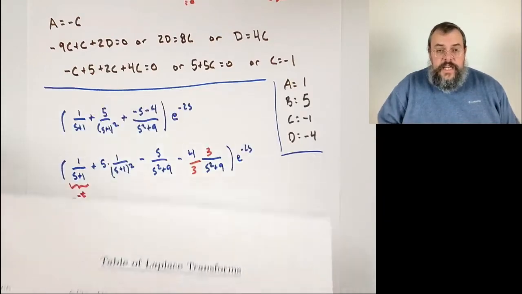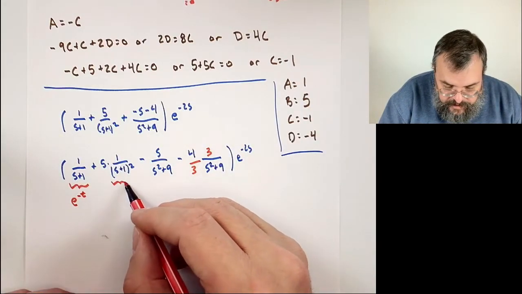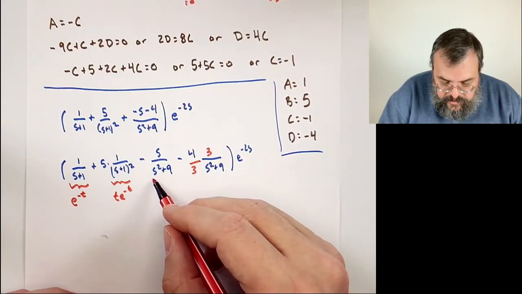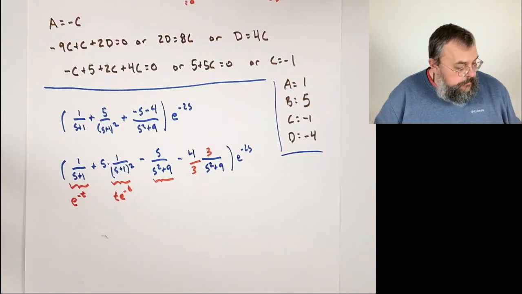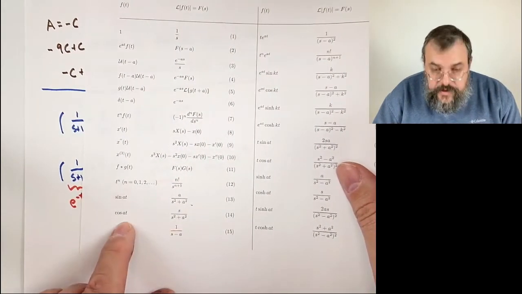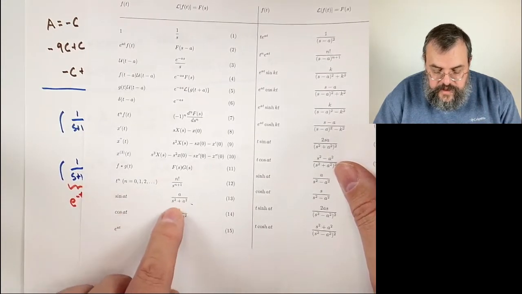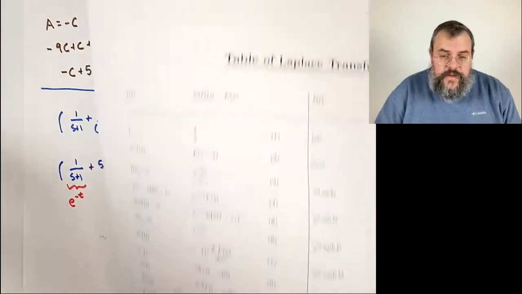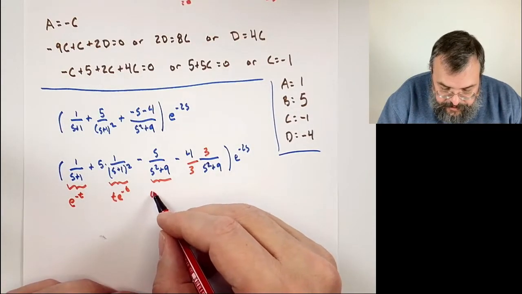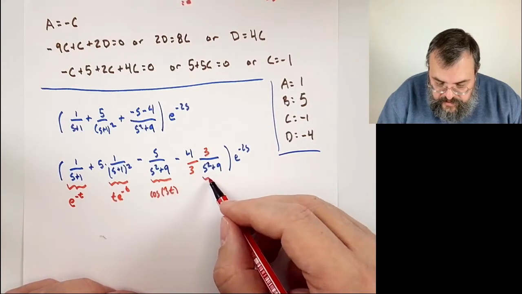So it's t e to the minus t. S over s squared plus 9, well, that's cosine 3t. And just to save ourselves work, a over s squared plus a squared is sine of 3t. So this looks like cosine of 3t, and this looks like sine of 3t.